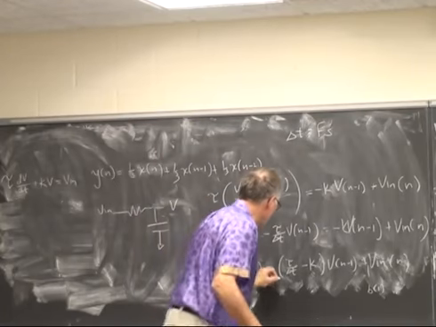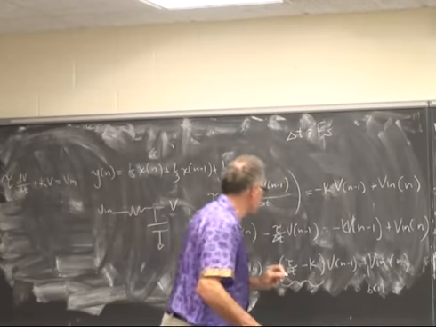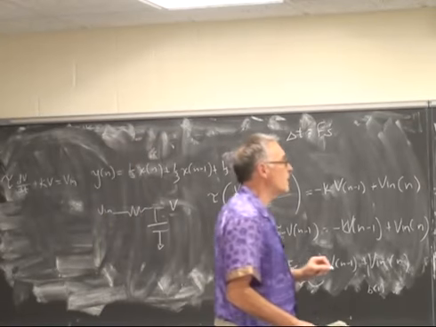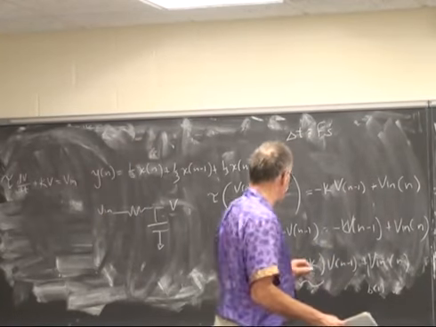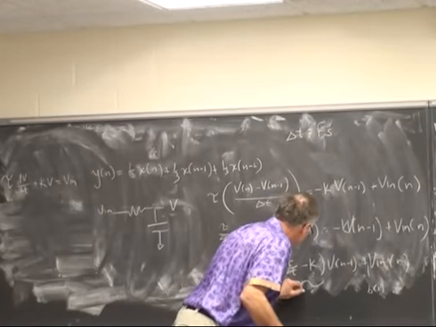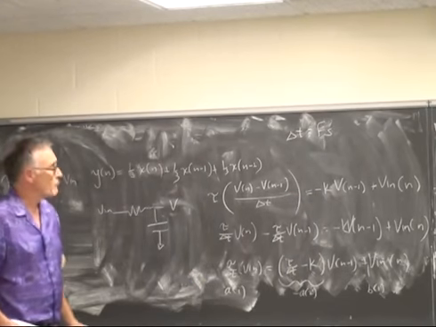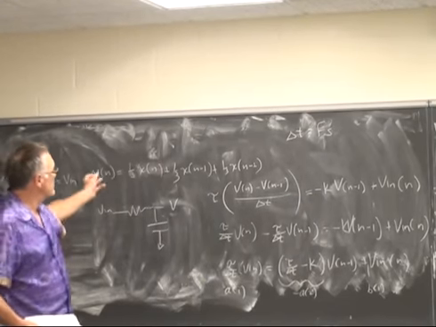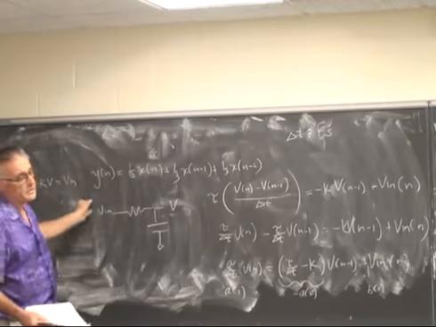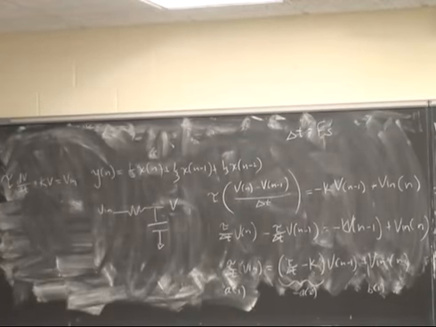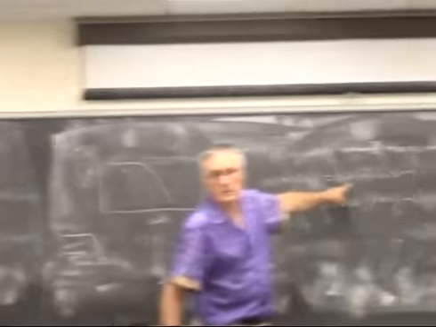And we can identify Vn minus 1 as minus A2. So we've just taken some differential equation, discretized it, and when we discretize it, we come out with a form that looks like this.